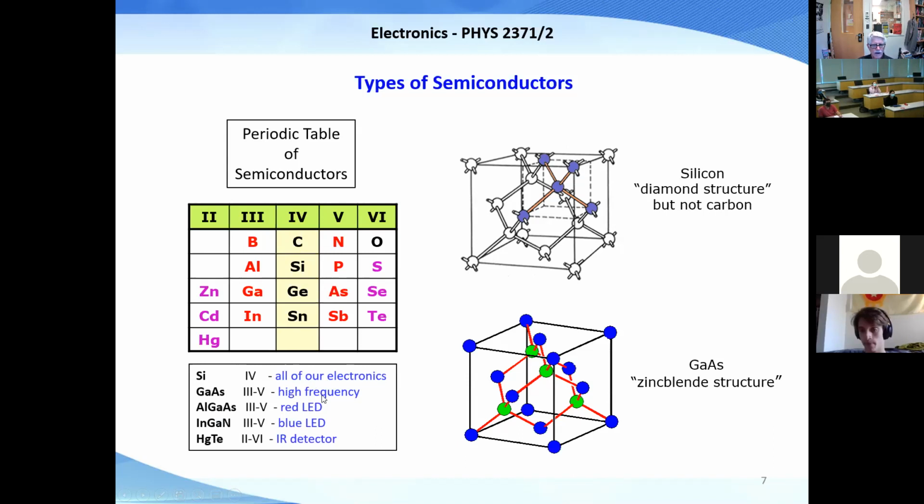Gallium arsenide, when you want a high frequency, the transmitter in your phone has gallium arsenide in it. If you want to make LEDs, you have to use these other semiconductors. You can't make an LED out of silicon. You have to use group 3-5 semiconductors. We call them group 3-5 semiconductors because you're taking things like aluminum, gallium phosphide, things like that. Anyway, you can make a lot of different things out of these.